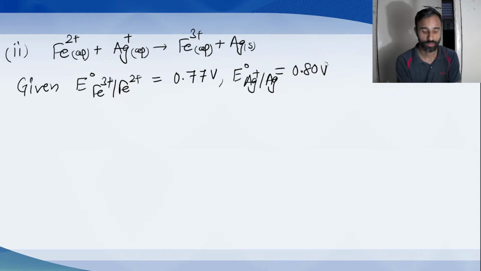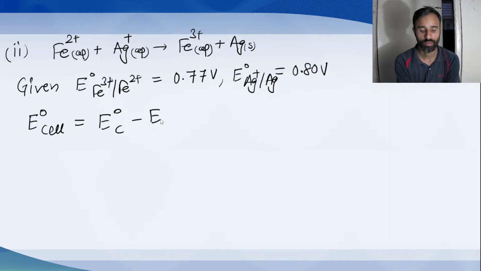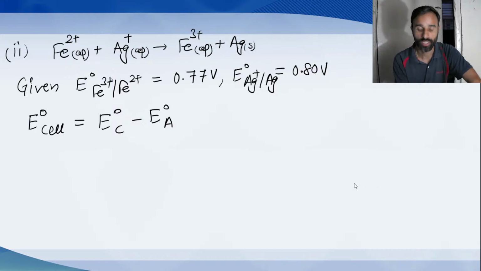Now first calculate E naught cell, the standard cell potential. So it is E naught cathode minus E naught anode. What is cathode? Cathode is silver.